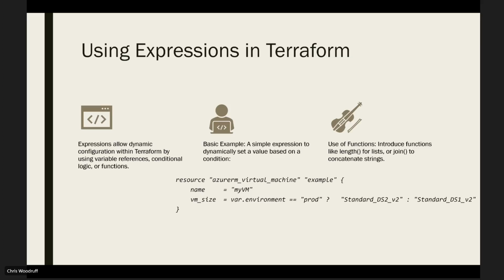Otherwise, I'm going to set up a Standard_DS1_v2 virtual machine. So this will even allow you to build out, if you set up an environment variable to say like prod or QA or staging or dev or whatever you want. So that's kind of nice to have expressions inside HCL.